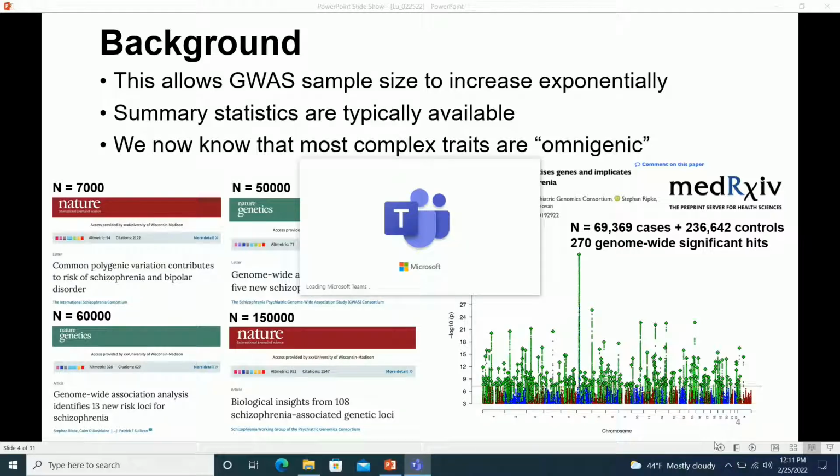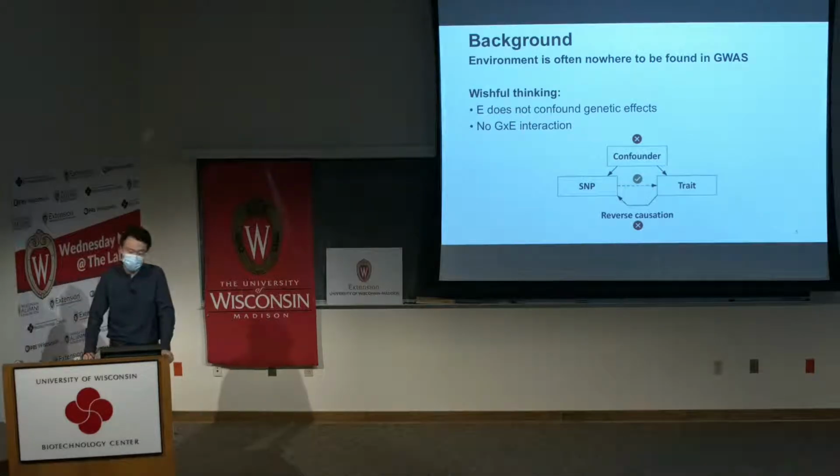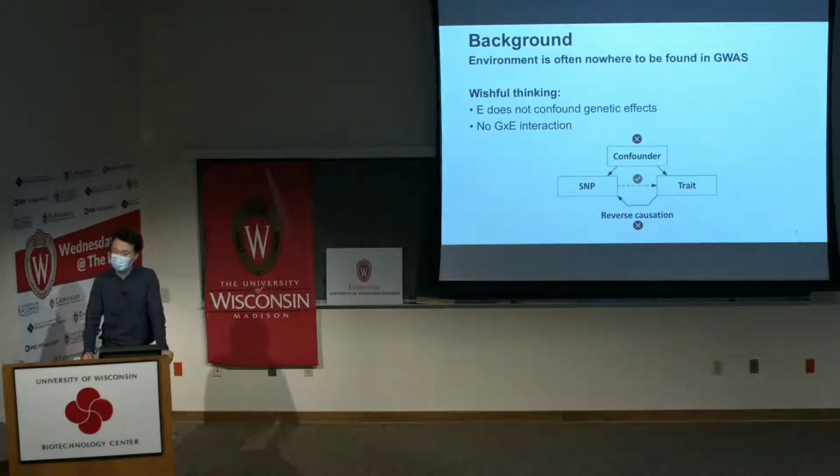One thing to note, though, is pretty interestingly, environment is almost always nowhere to be found in these studies. Some of this, you can have an argument for. For example, some people would think that whatever environment you're thinking of, it's not going to confound your genetic effect, right?